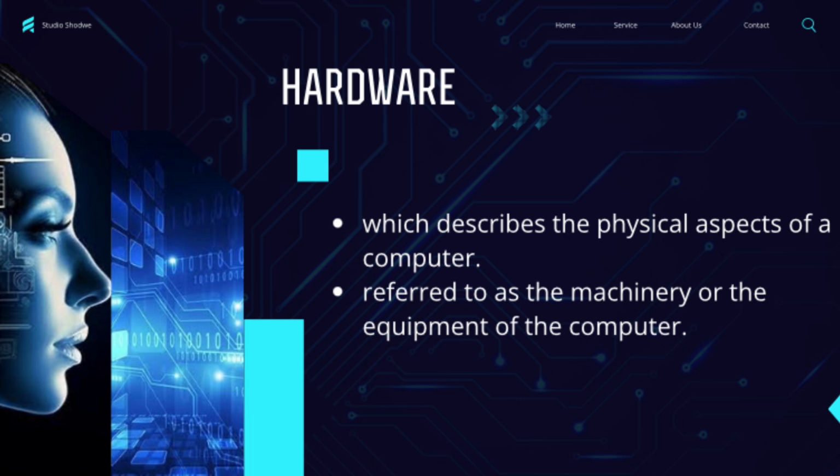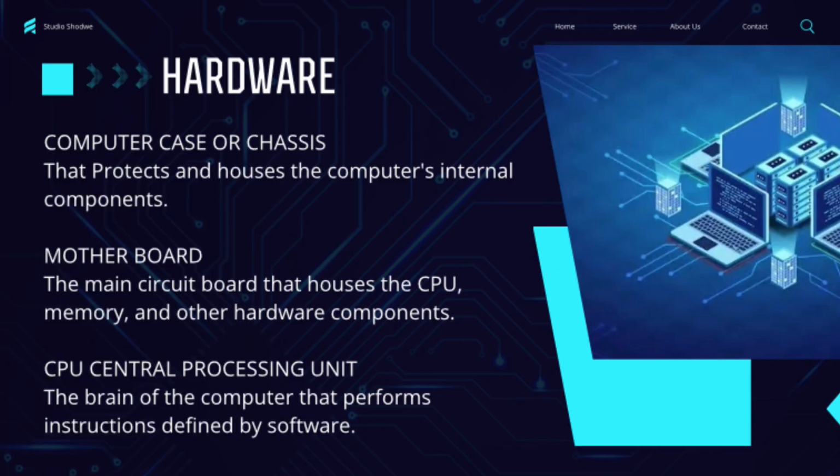Hardware describes the physical aspect of a computer, referred to as the machinery or the equipment of the computer. So last time, the reporters had an activity which we enjoyed and which introduced us to the components of hardware. So now, let me bring back to you those topics.